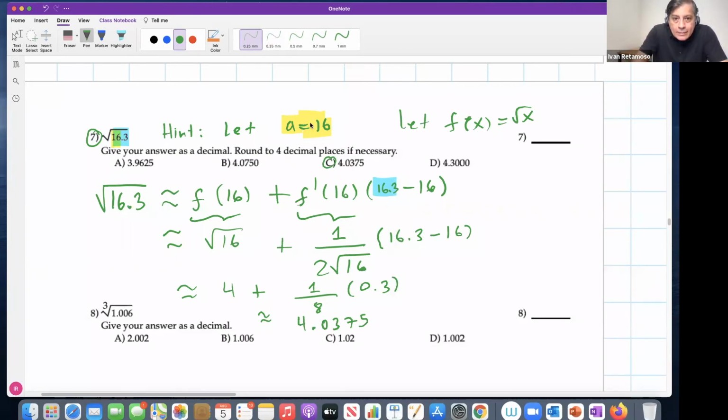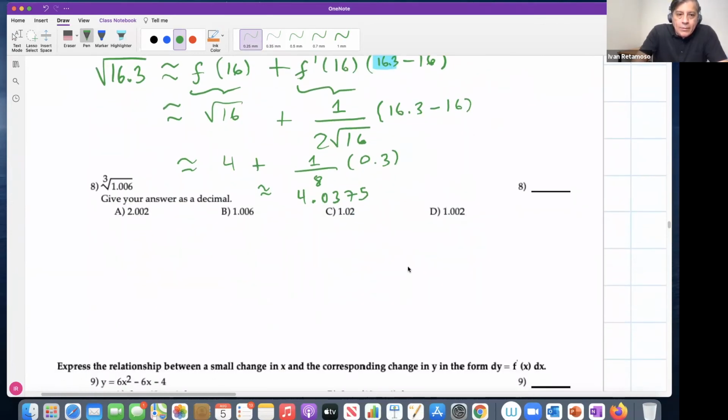I think someone else, Sarah, you figured it out too. Excellent, excellent. Very good, very good. This one with cube root. Let me show you with a shortcut what to do quickly so you can do it in your homework. They want you to estimate this, right? Cube root of 1.006 using linearization. All right, we know first thing, evaluation of the function, right?